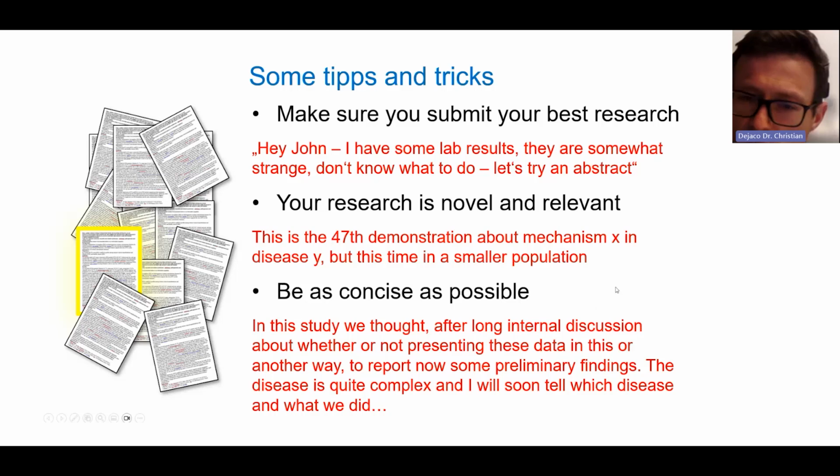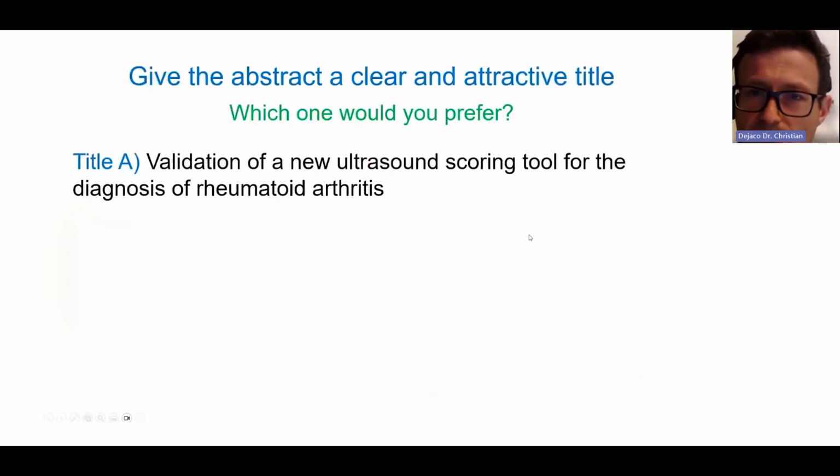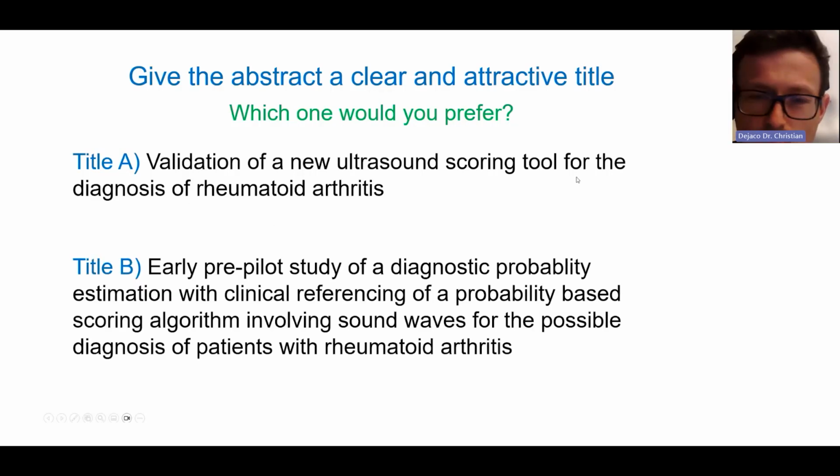So you need to be concise, innovative, present your best research, and then also try to sell it as well as possible. And it starts already with the title. These two titles are in fact saying more or less the same. But when you were a reviewer, which one would you score higher just from seeing the title, or have a better feeling about the abstract?